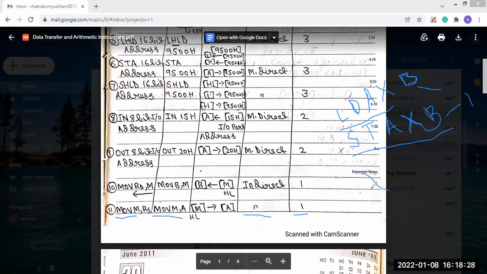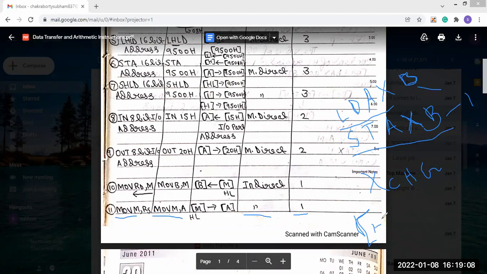Then the next is XCHG. This is the command. Here it is only mentioned, there is no address, no register, no memory location. We don't use anything with the XCHG command, we only write XCHG. XCHG exchanges with the HL register pair.